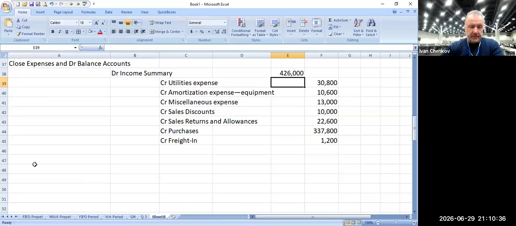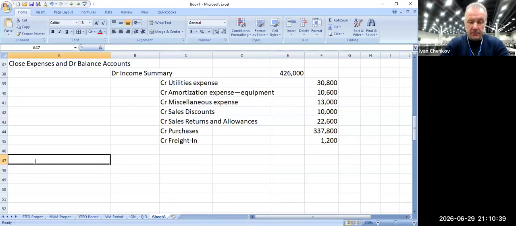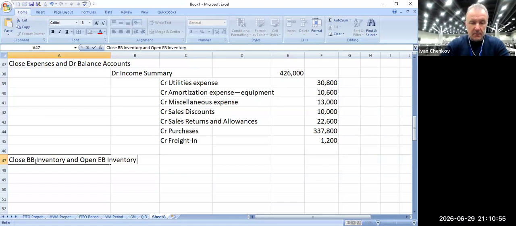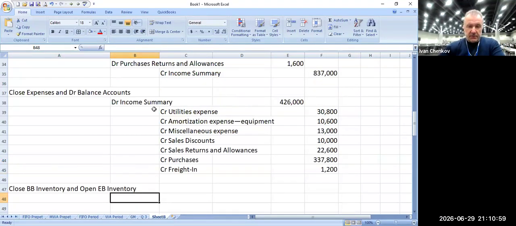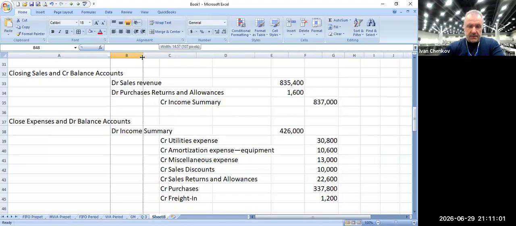Next entry. We have to close the beginning balance of the inventory and open the ending balance of the inventory. So the beginning balance of the inventory, let's see, where is it?